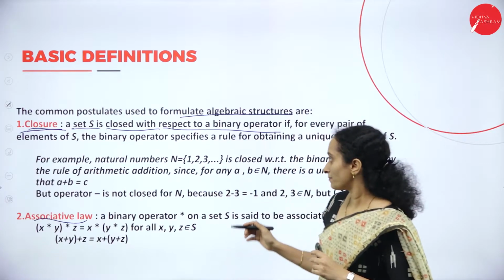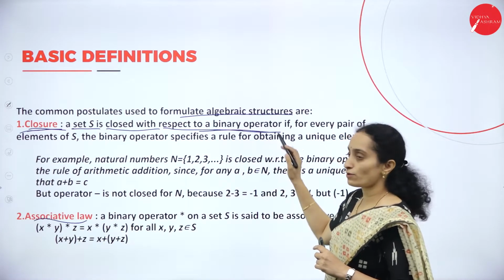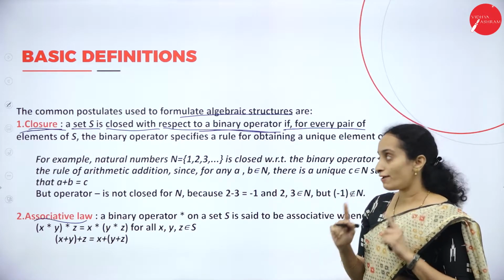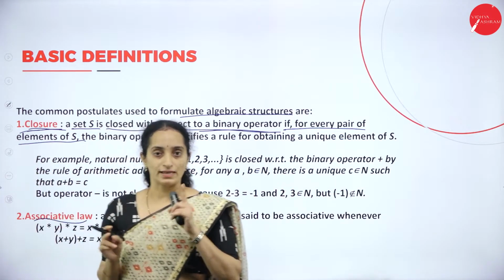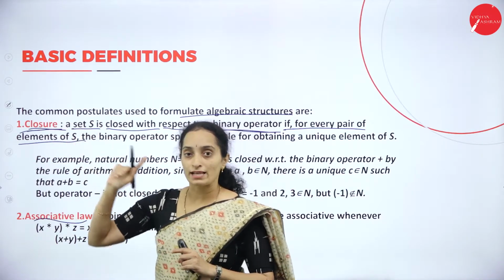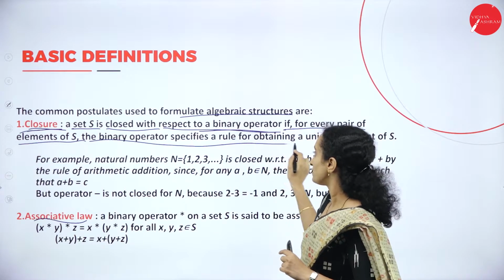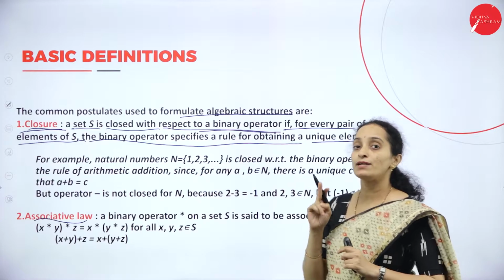A set S is closed with respect to a binary operator if for every pair of elements of S, the binary operator specifies a rule for obtaining a unique element of S.